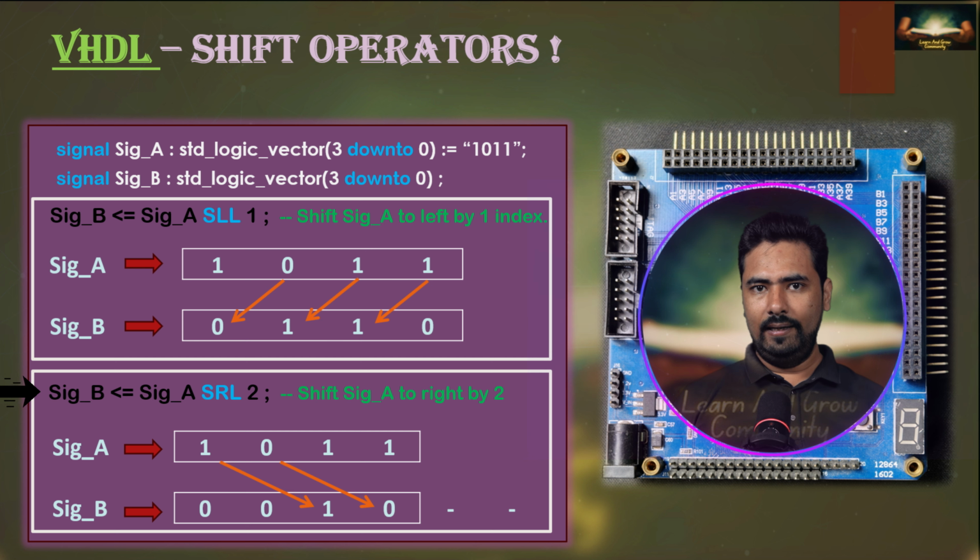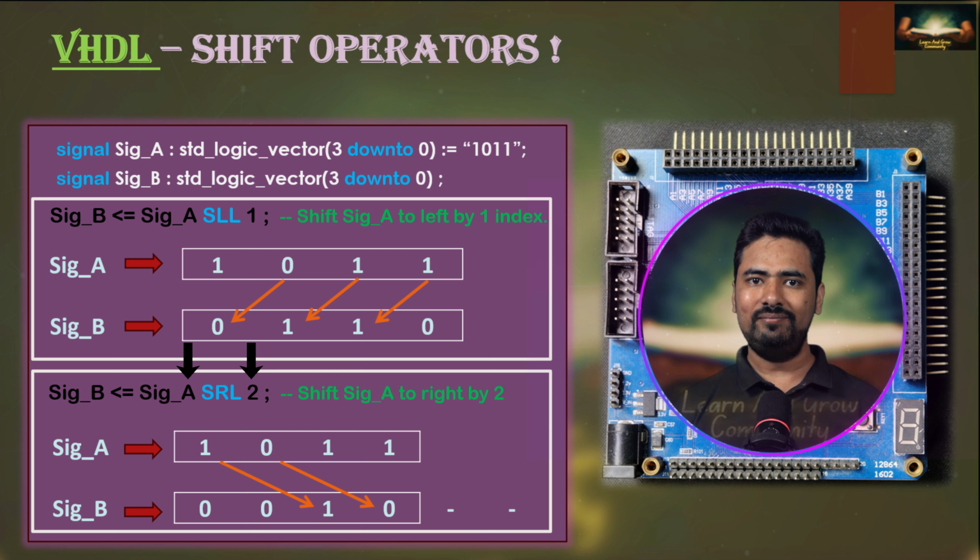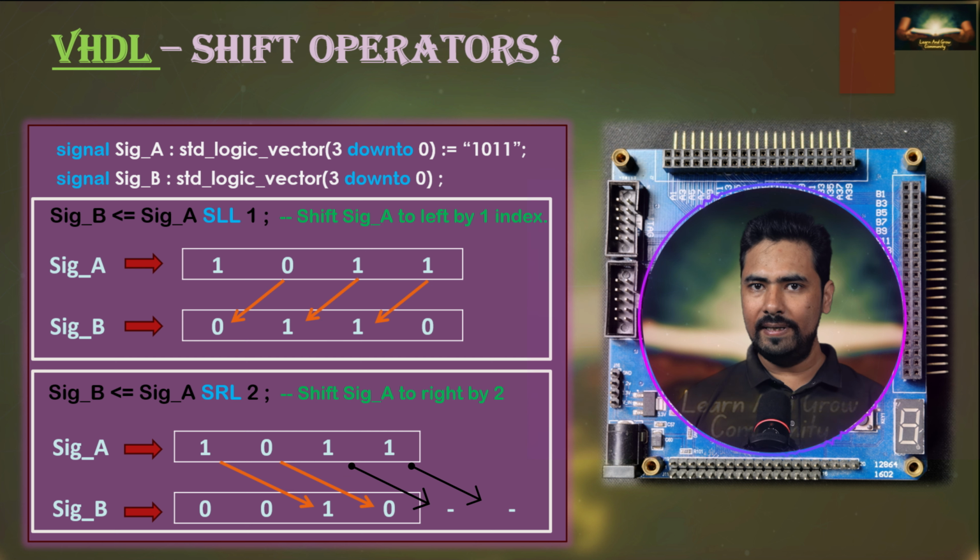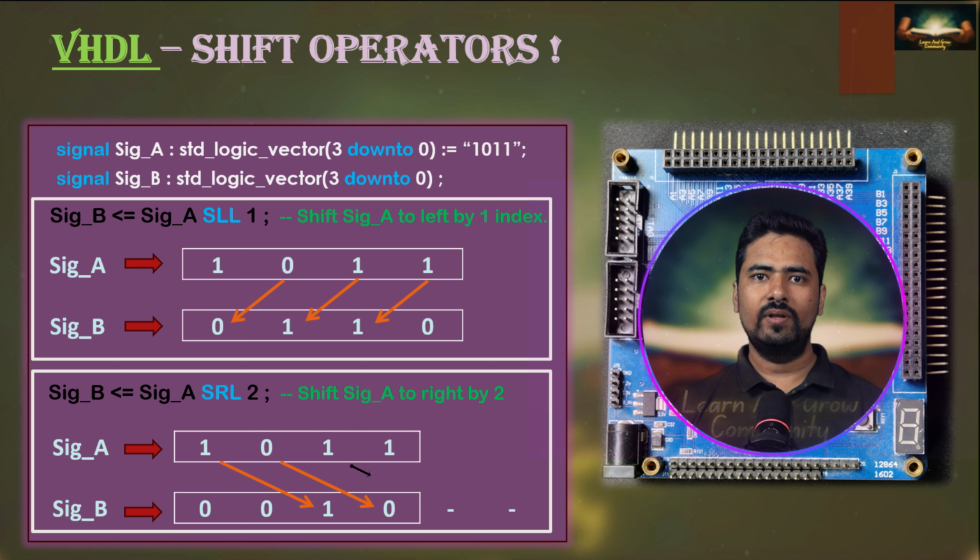So signal B gets the value of signal A SRL 2 semicolon. Now this statement is shifting signal A data to the right by 2 indexes. I am not going too deep here because I hope that you can relate it very easily. Simply, the 2 bits from the rightmost data are out because they are shifted to the right, hence out of the specified index window.